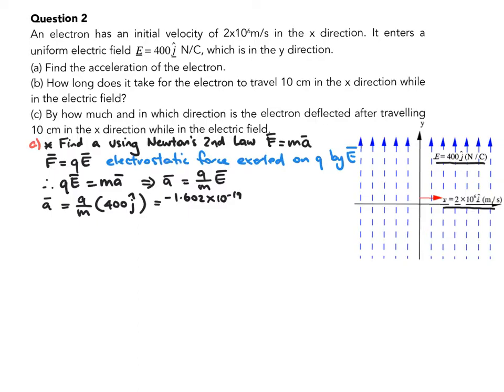Not given to you in the problem, but a pretty common constant is the electron mass, which is 9.11 by 10 to the minus 31 kilograms. Very, very small number. And we have to multiply that by 400 j. And we get an answer for the acceleration, which is negative 7 by 10 to the 13 j meters per second squared.